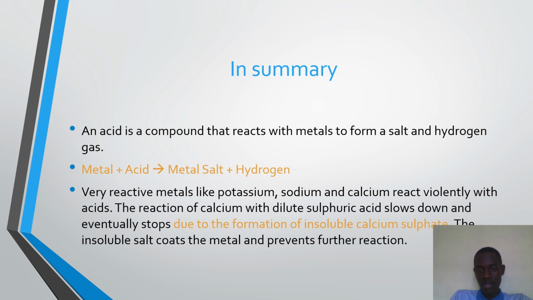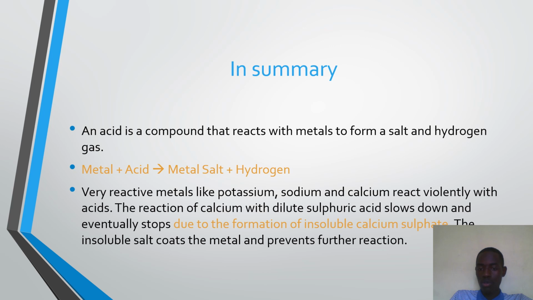They happen, and potassium reacts with these acids, but the reaction is very violent. It slows down, then eventually stops. The reason is the formation of salts that have an insoluble coat.